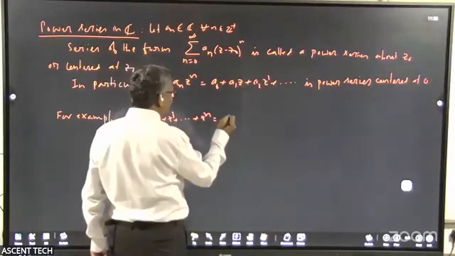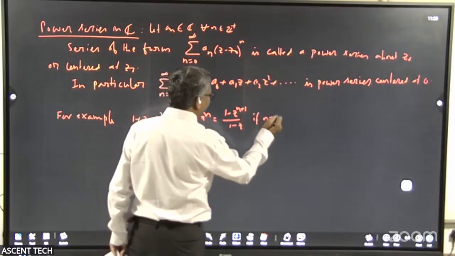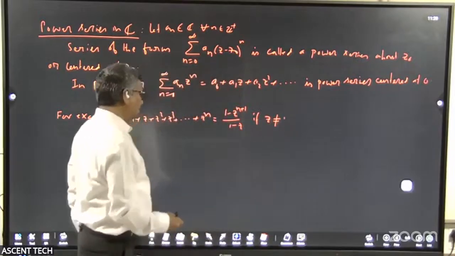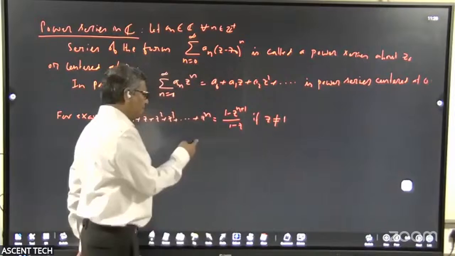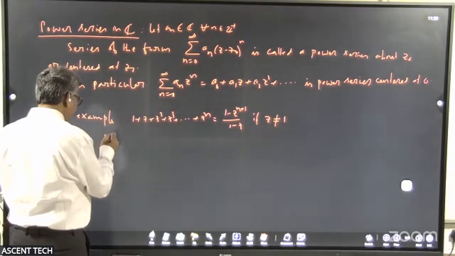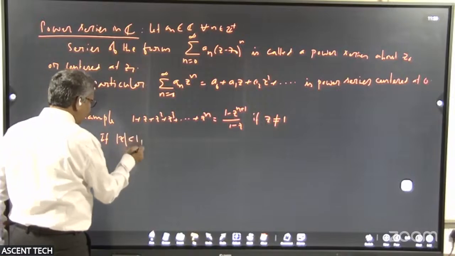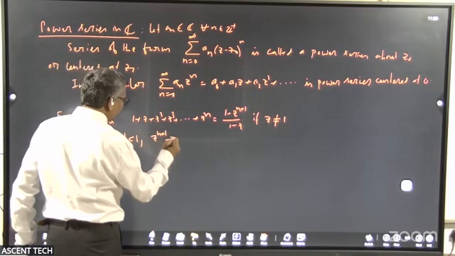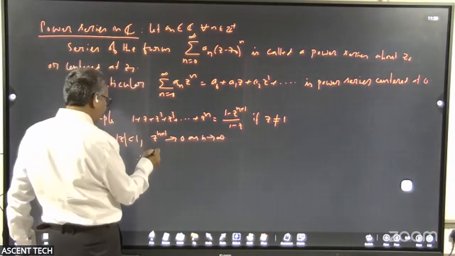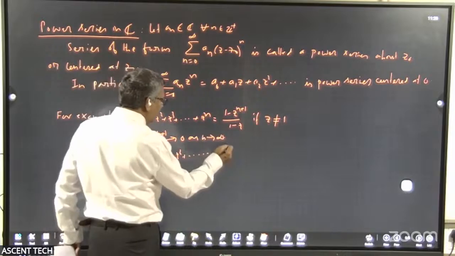Then z to the power n plus 1 will tend to 0 as n goes to infinity.